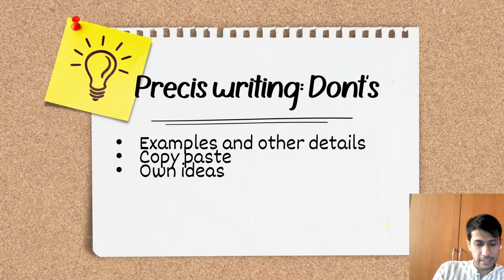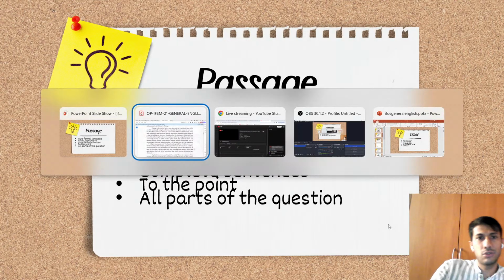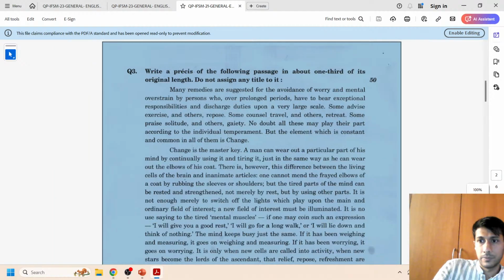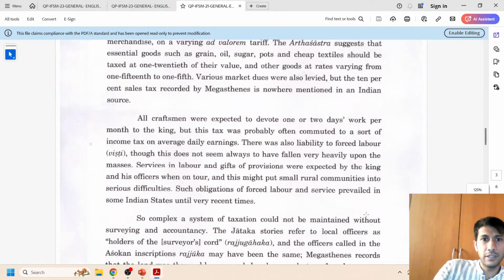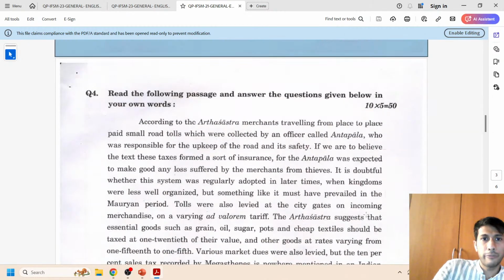This is about Precis. Then we'll go to the passage. It's very simple. A passage is given, generally six to seven paragraphs long.